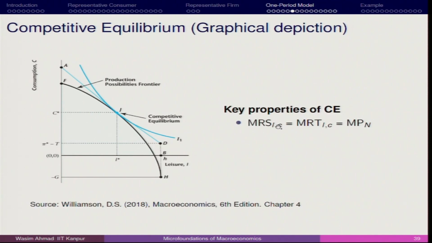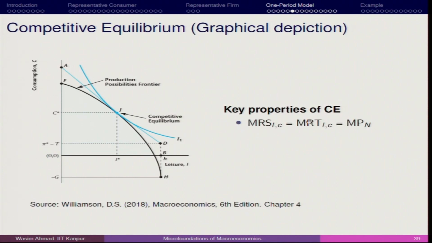We have also mentioned this from the consumer side. The competitive equilibrium is the point where we see the equilibrium from all three sides. The marginal rate of substitution between leisure and consumption is equal to the marginal rate of transformation between leisure and consumption, which is equal to the marginal product of labor. The moment I say marginal product of labor, it comes from the firm side.